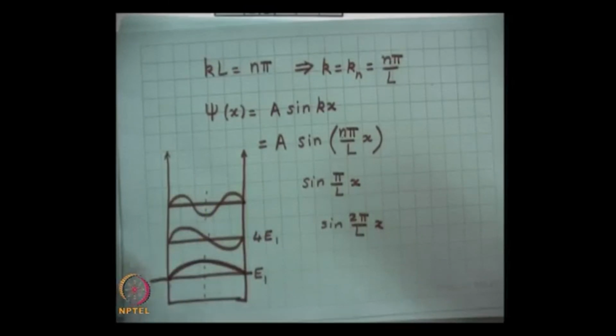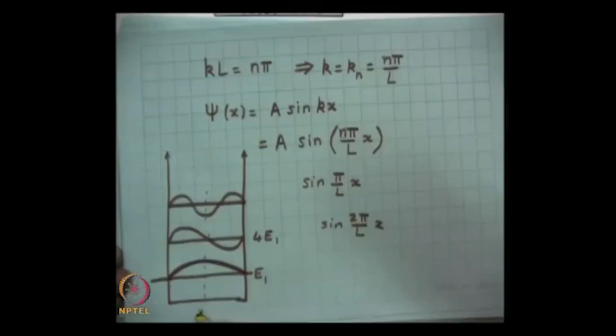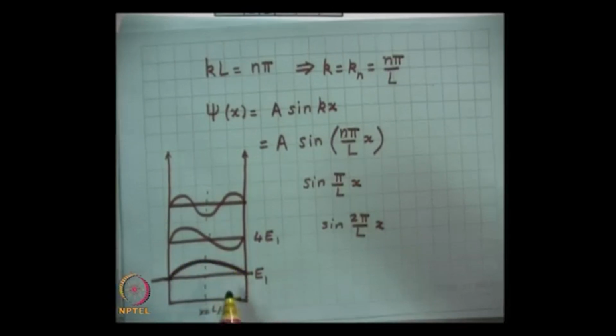Since the potential, as I will tell you later, since the potential energy function is symmetric about the point x is equal to L by 2, therefore the wave functions are either symmetric or antisymmetric with respect to the point x is equal to L by 2.